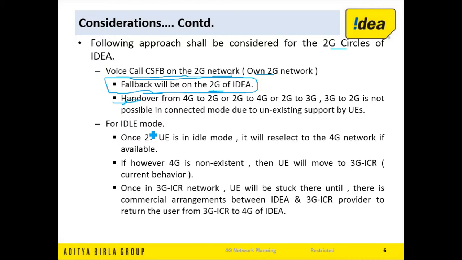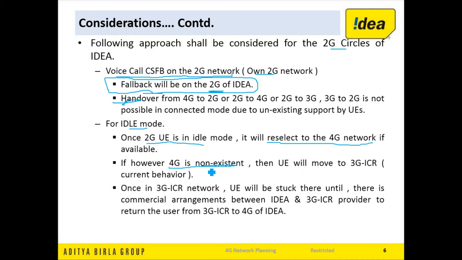This point we have already discussed before. Now for the idle mode scenario, a 2G UE in idle mode will reselect the 4G network. Why? Because we said that the 4G network has the highest priority. So any UE which is in a 2G network, when a 4G network is available, will try to latch onto 4G because that has the highest priority. If, however, 4G is not available in that area, then it will select the 3G layer as a higher priority.